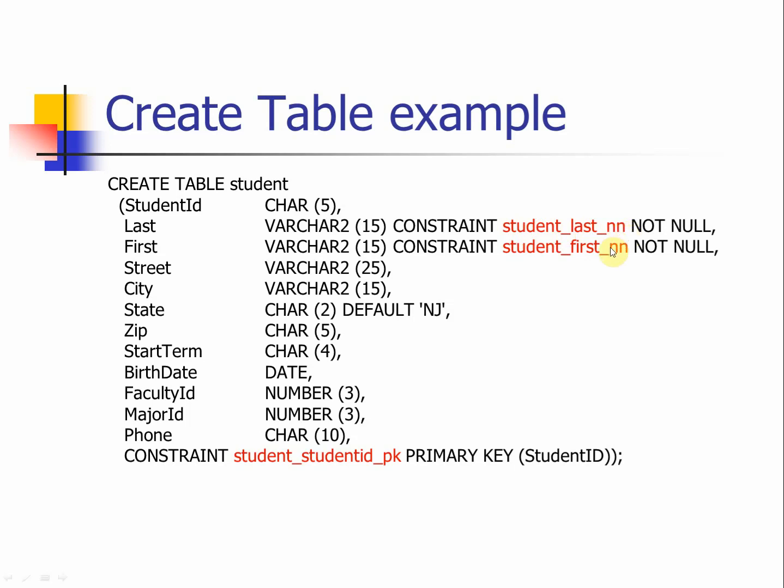We can easily understand that, so we provide a systematic way to name the constraints we created. It's the same thing when we use, in the student table, student ID to serve as the primary key. So it is actually very useful, and it basically focuses on the readability of the code.